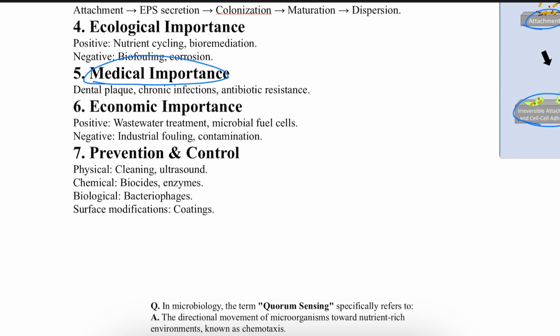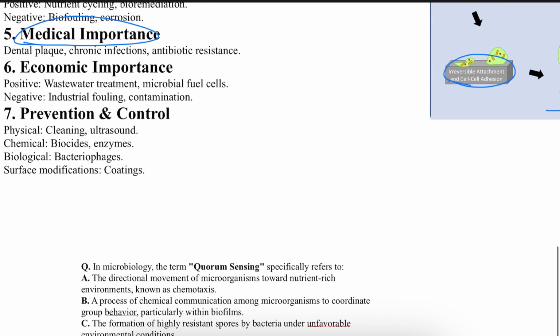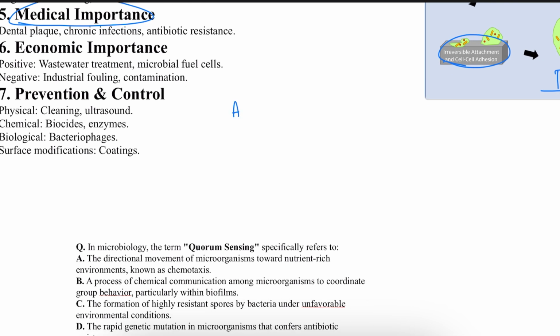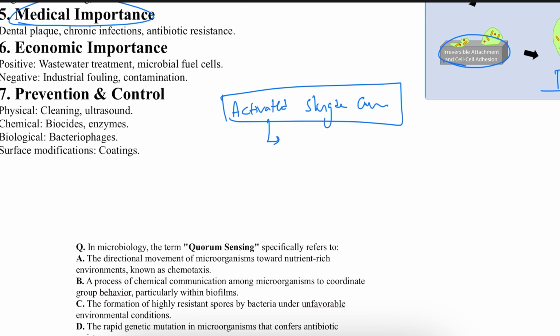Coming to its environmental significance, these biofilms have many positive aspects as well. For example, they help us in water purification, especially in the method called activated sludge treatment, where the microorganisms form a biofilm, which further helps in water purification.